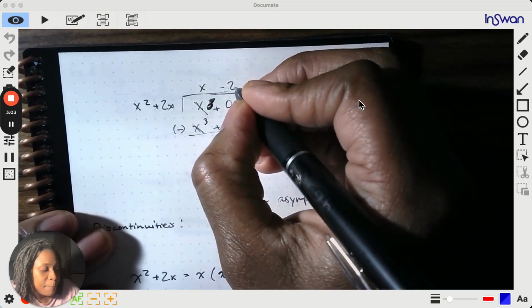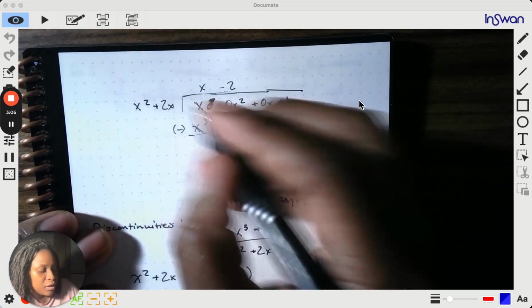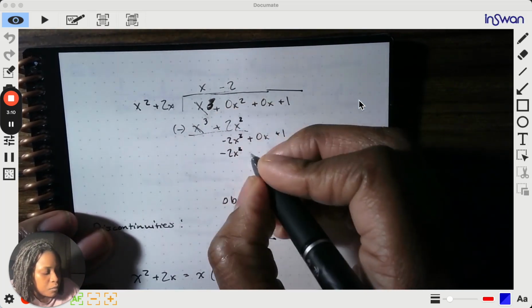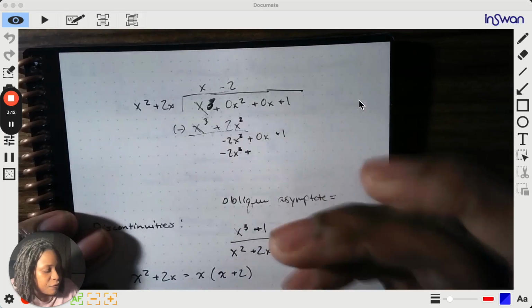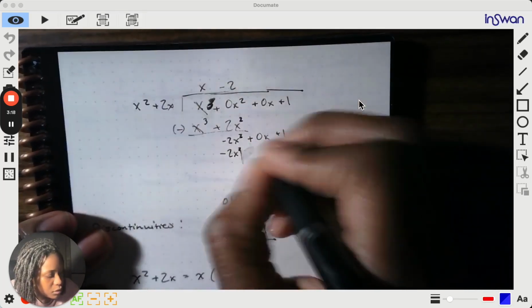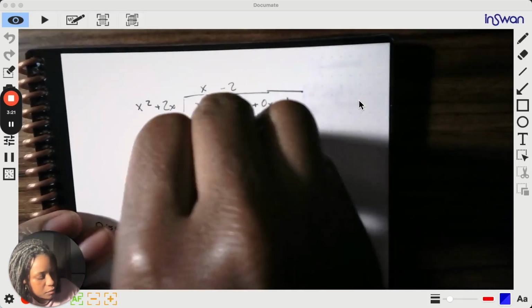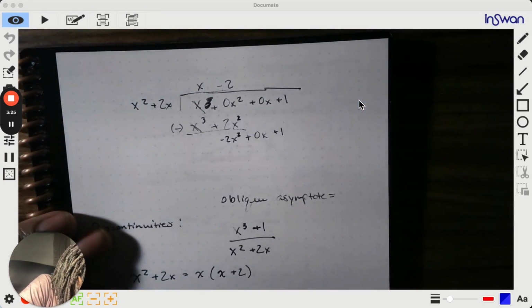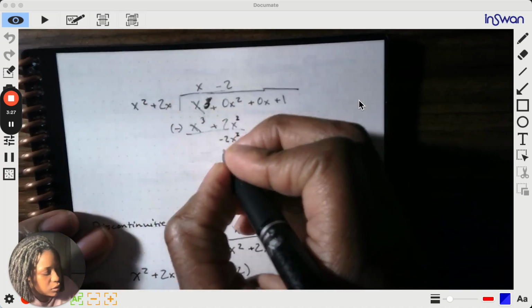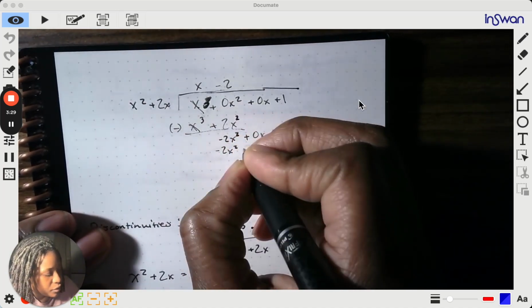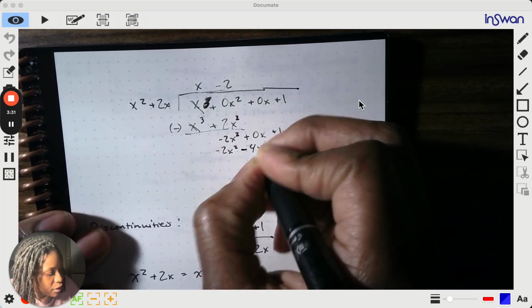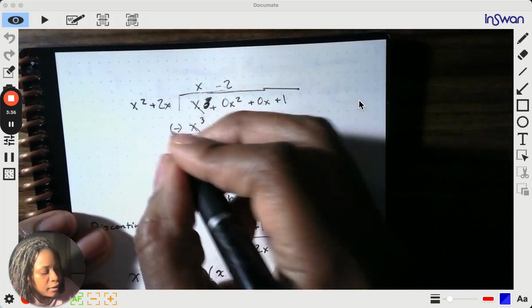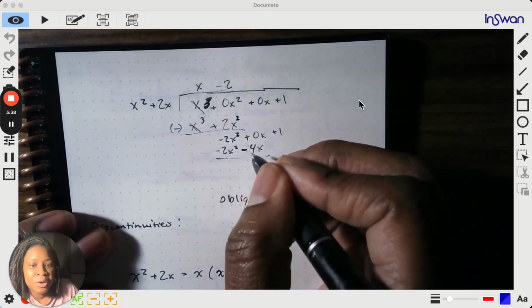So I'm going to multiply that by negative 2, and I end up with negative 2x squared minus 4x. Now, just like right here, I'm going to subtract these two equations.